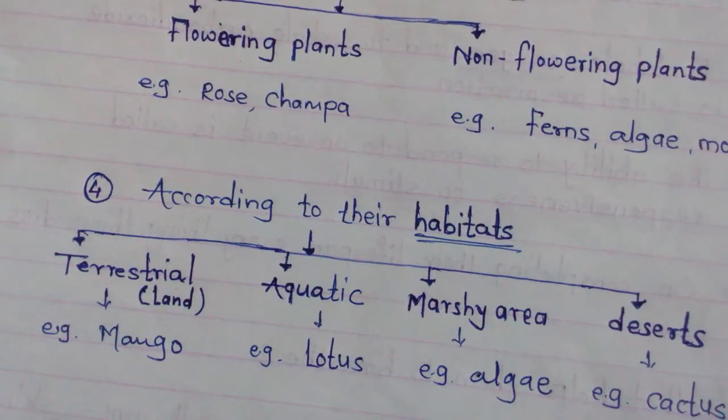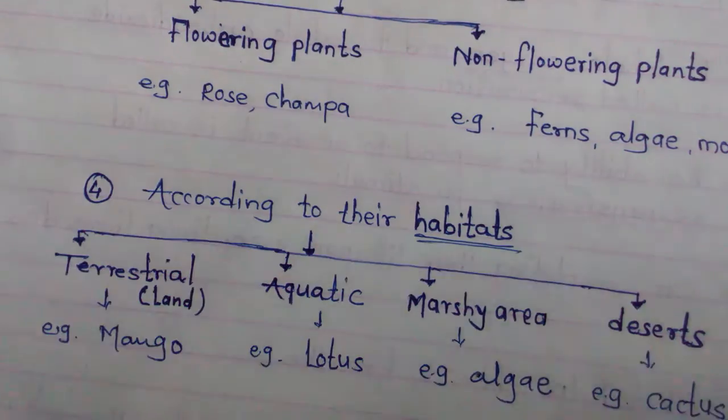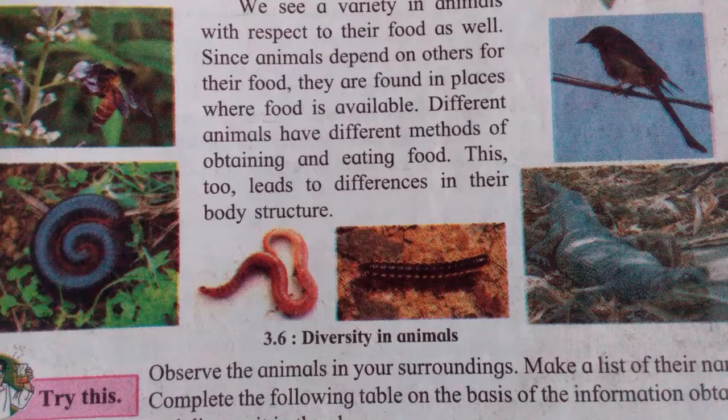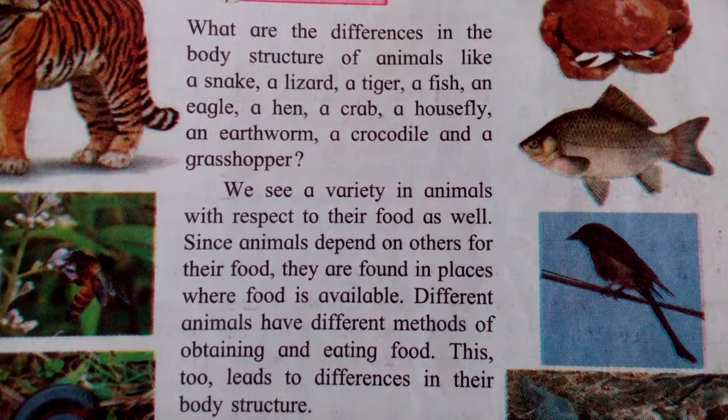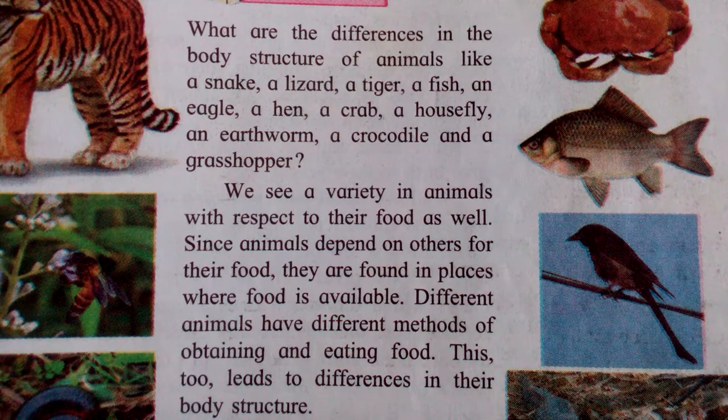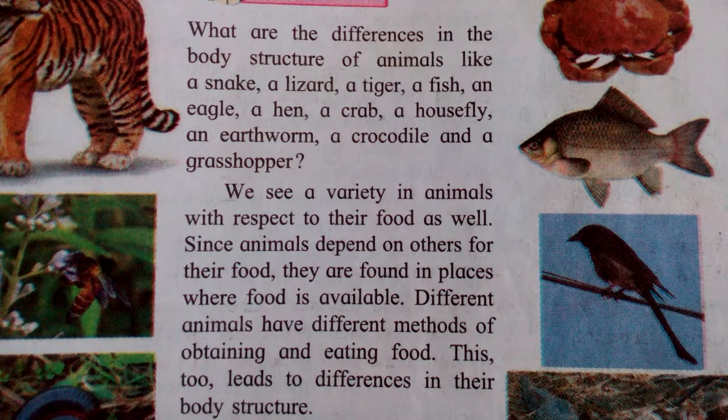Then we see the diversity and classification in animals. Students, in our surroundings we see different types of animals, from small insects to big animals.